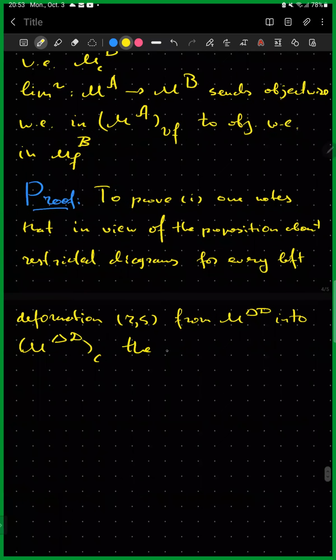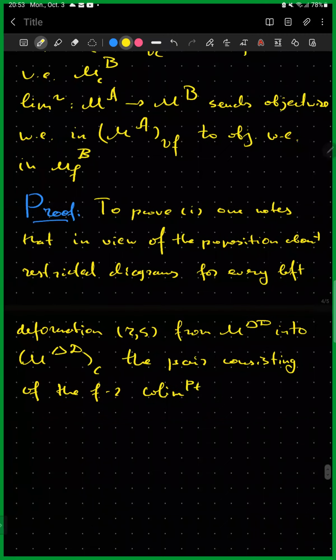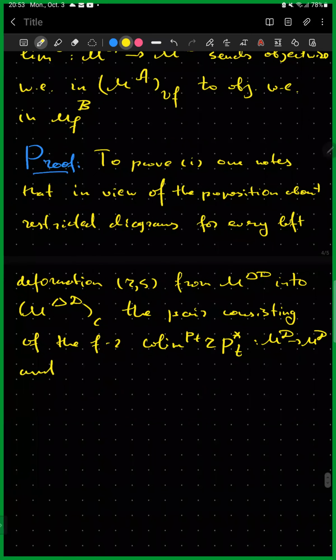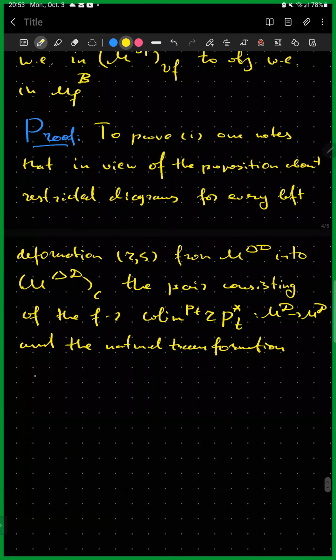the pair consisting of the functor, equilibrium of terminal projection R P upper star T from MD to MD, and the natural transformation that looks like this.